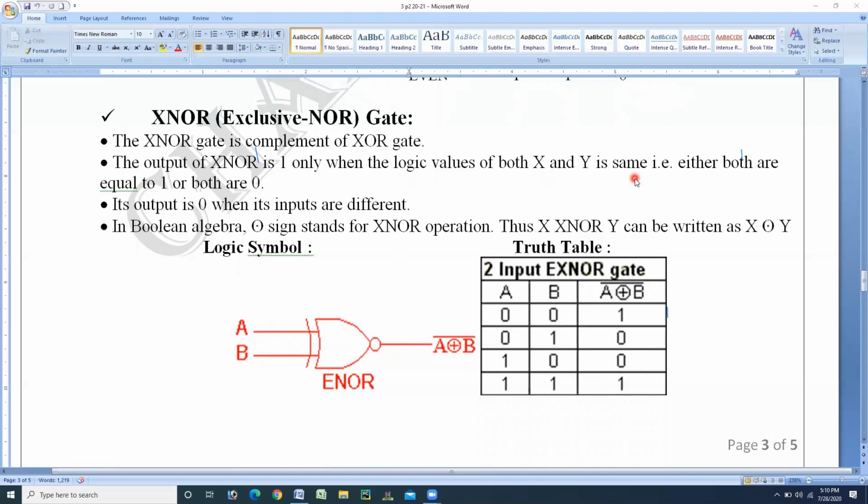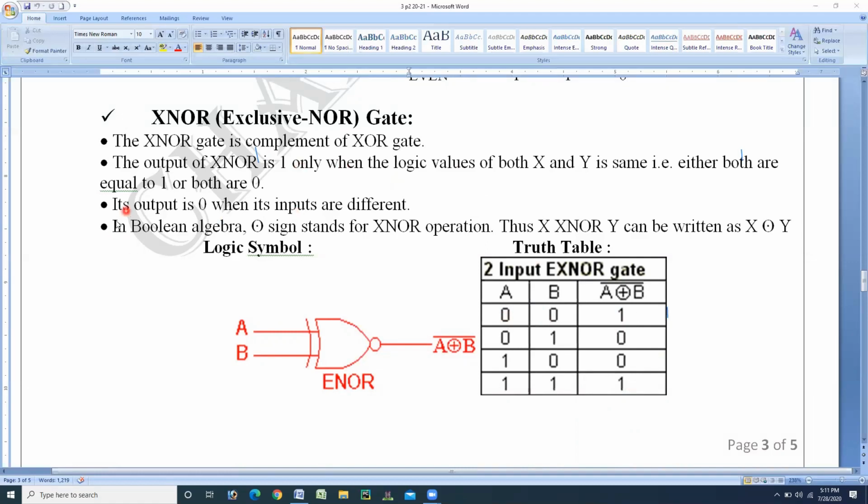In case of two inputs, if both the inputs are the same, then the output is 1, otherwise 0. In that statement, both inputs 0, 0, output is 1. Both inputs 1, 1, output is 1. In other cases, zeros. This is the point we are writing here.